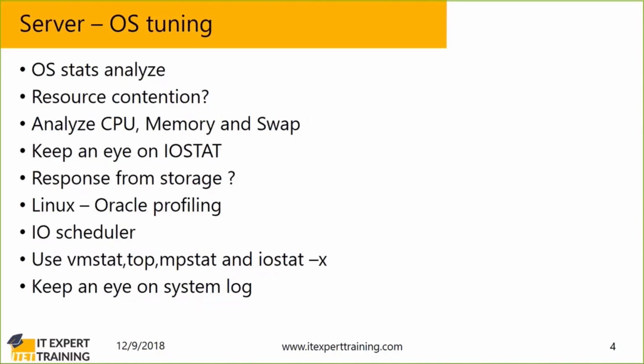In some cases the server may be heavily loaded on CPU, or the CPU may be completely idle for half an hour. Obviously the application would be impacted and you will get called. So first check whether there is any resource contention on the CPU, memory, or swap. These three are the key areas where issues quite often come.